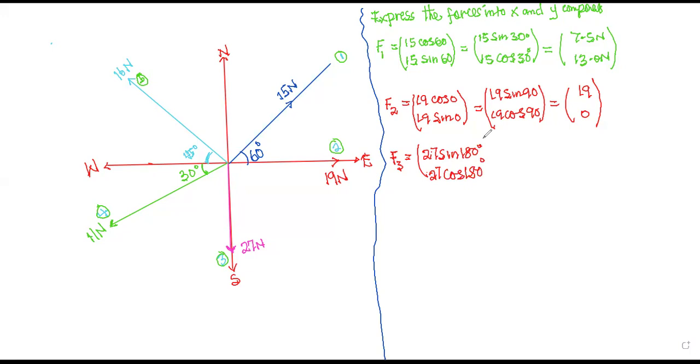Here I'm only considering the angle it makes from the north, this whole angle. So, meaning it only has a vertical component and no horizontal component. Sine 180 is 0, cos 180 is negative 1. So minus 27.